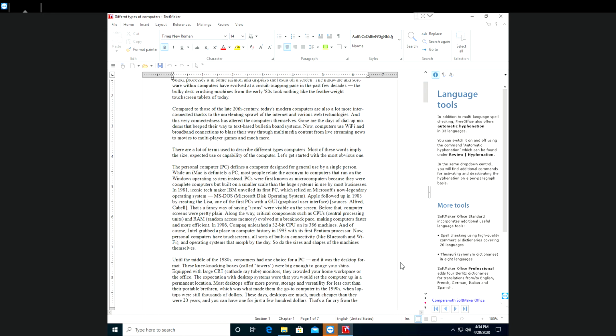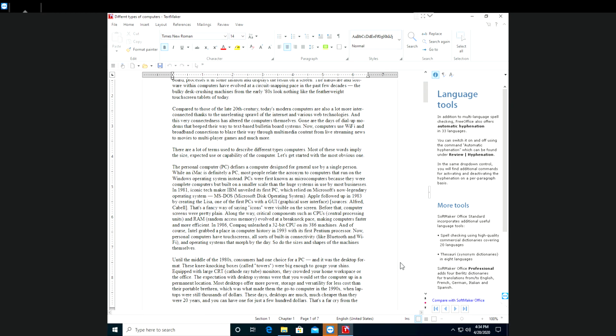While an iMac is definitely a PC, most people relate the acronym to computers that run on the Windows operating system instead. PCs were first known as microcomputers because they were complete computers but built on a smaller scale than the huge systems in use by most businesses.